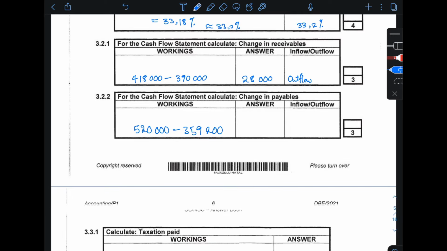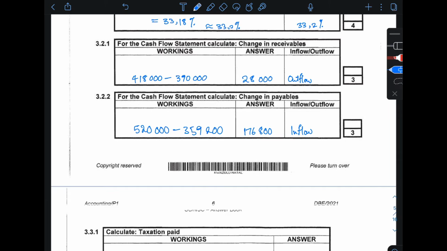Our answer there becomes 176,800. So our change in payables increased. If there is an increase, this simply means that we haven't paid our creditors, and if we haven't paid, it's going to be an inflow, because there wasn't any money that went out of the business.